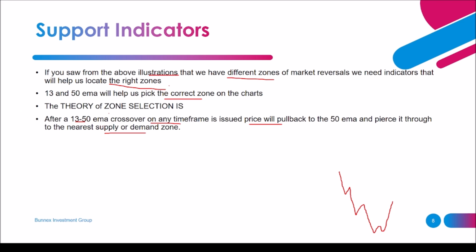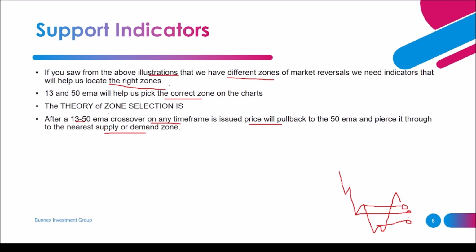After that has occurred, the next thing is we'll see price coming back to the 50 EMA, and it will pierce through that 50 EMA to retest either the last lower high, the last lower low, or the neckline. So the nearest demand or supply zone to the 50 EMA, in this case this one or this one or this one, is the one that we will respect.